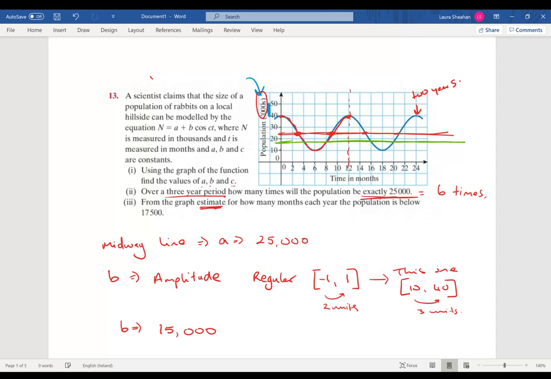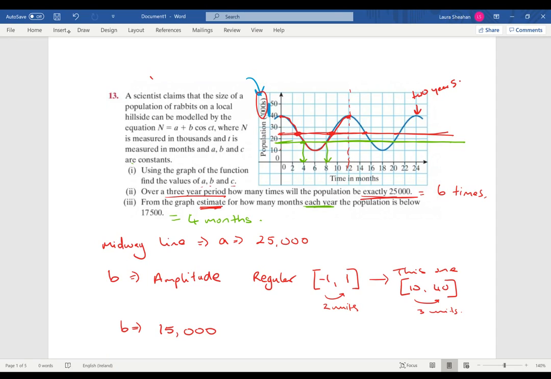We're looking at from maybe month 4 to month 8, it's below, then it rises above the green line again. So I'm only looking at when it's below, how many months each year, so only 1 year. The answer I'm getting here is 4 to 8, so 4 months each year. And that is question 13.